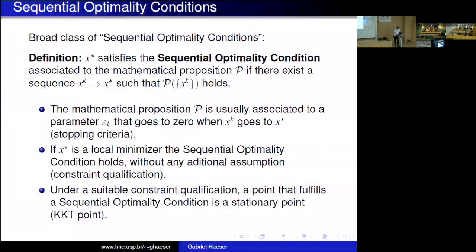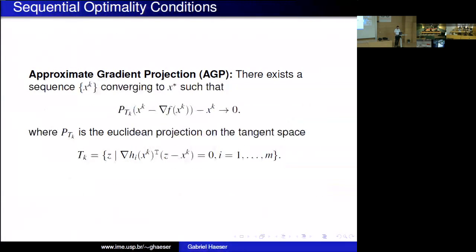Okay, so there is this other type of sequential optimality condition. This is called the approximate gradient projection condition.